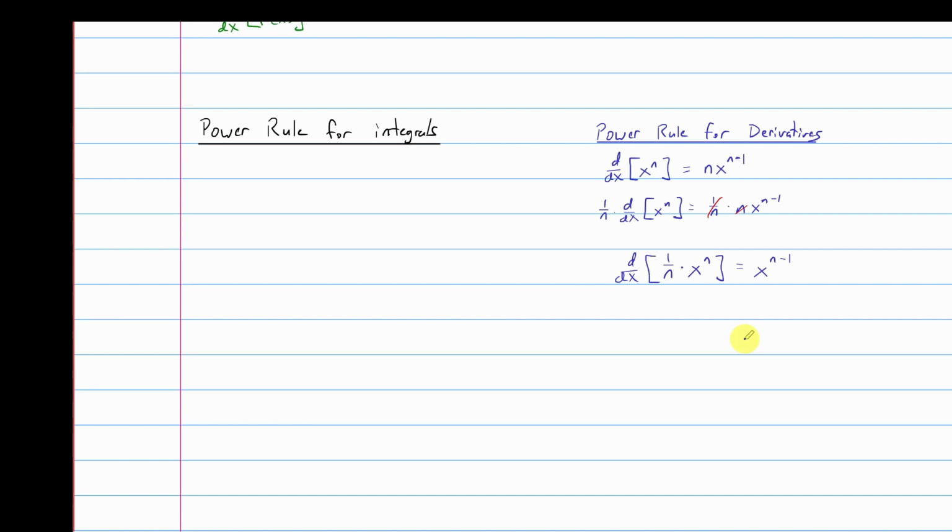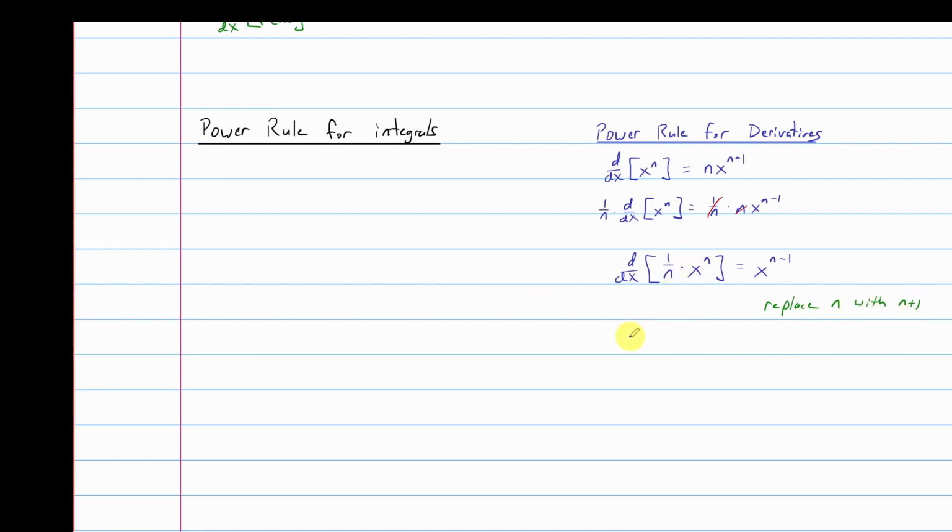And now what I'm going to do is something a little bit strange. I'm going to relabel my constant n here. So I'm going to think about it as being some number on the left and one smaller number on the right. Another way to imagine that is as a number on the right and a one larger number on the left. Okay, so I'm just going to replace n with n plus 1.